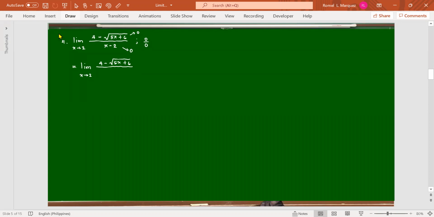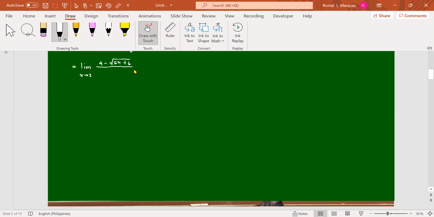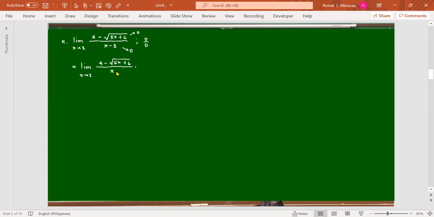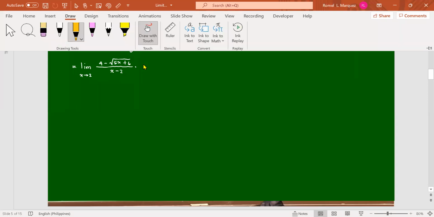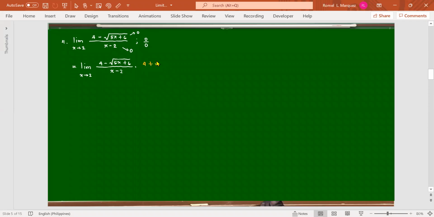So we have times, the denominator is x minus 2, no? What is our multiplier, children? Conjugate 4 plus the square root of 5x plus 6, right? We multiply also the denominator so that there is no change in the value, no?